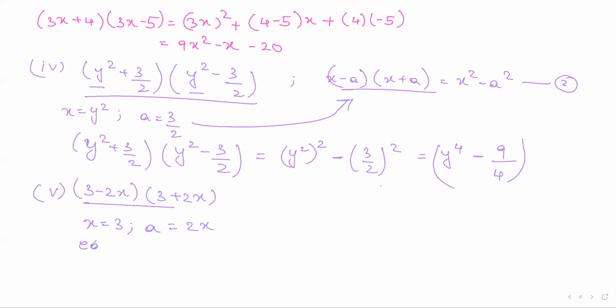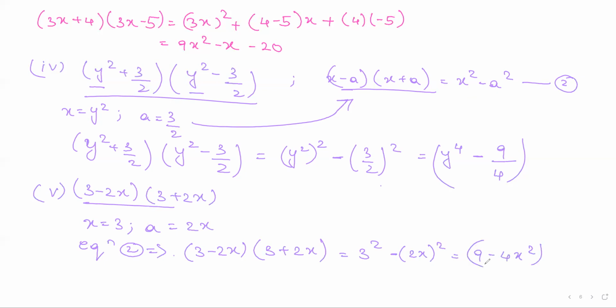Therefore, equation 2 implies 3 minus 2x into 3 plus 2x will give you 3 square minus 2x whole square, which is 9 minus 4x square. That's your final value.